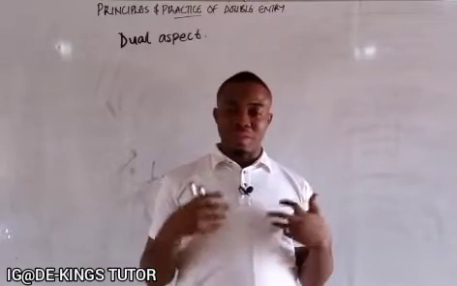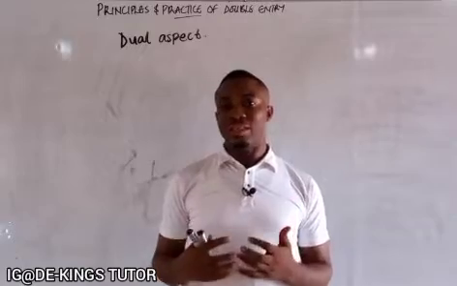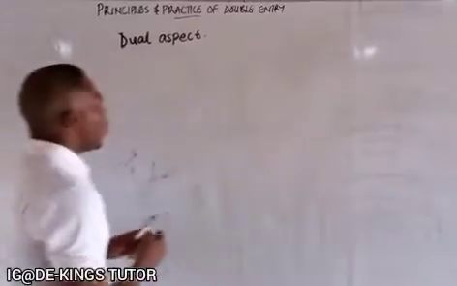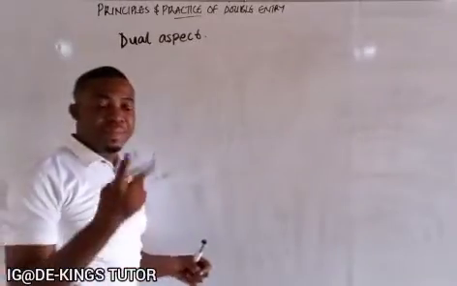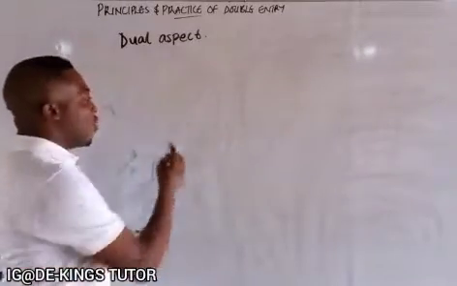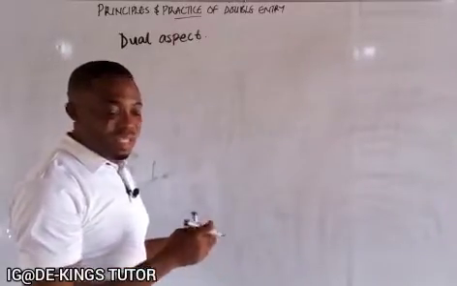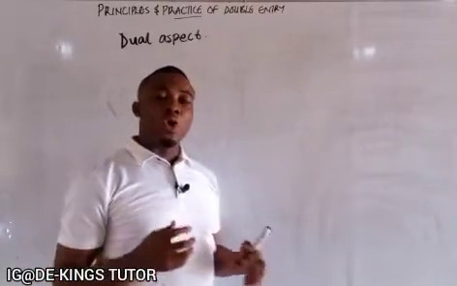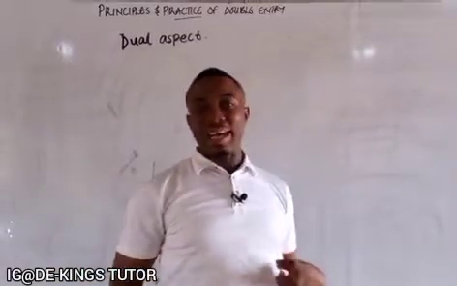For instance, you might be wondering, what do you mean by debit and what do you mean by credit? Now, what this dual or double means, from the word double, it means two. It means for one transaction, you have two accounts that are affected. Definitely, one account or one person is giving while another person is receiving at the other end.